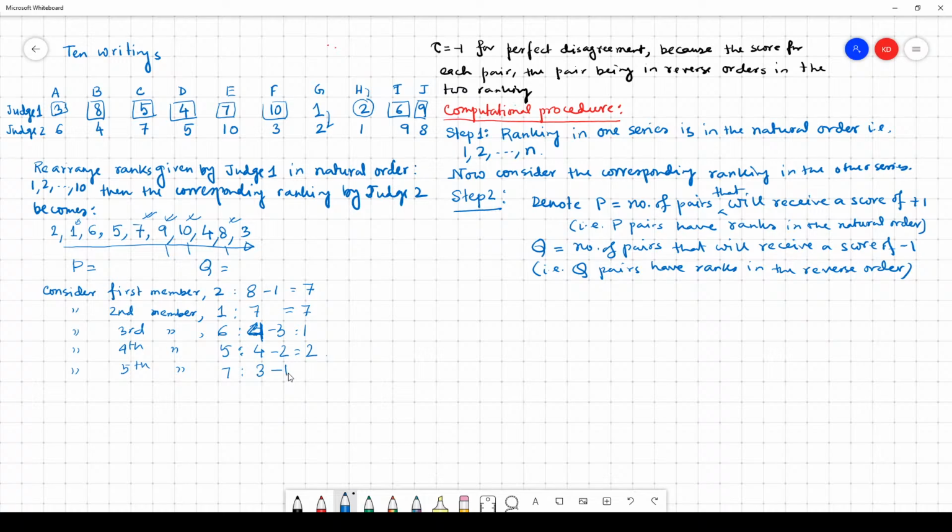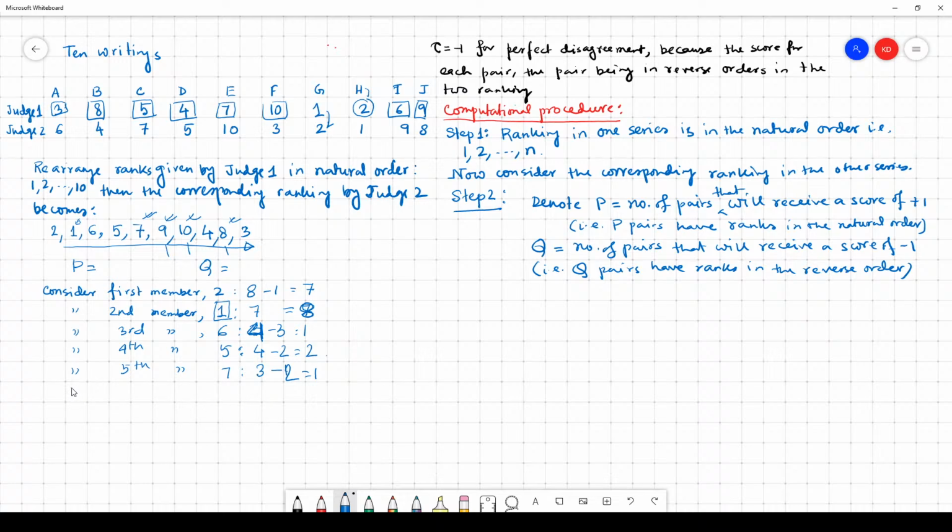So 3 minus 2 should be 1. I think for the second member it is not correct. Please check it. For the second member there are 8 members on the left hand side. So it should be 8. Okay. Please rectify this.